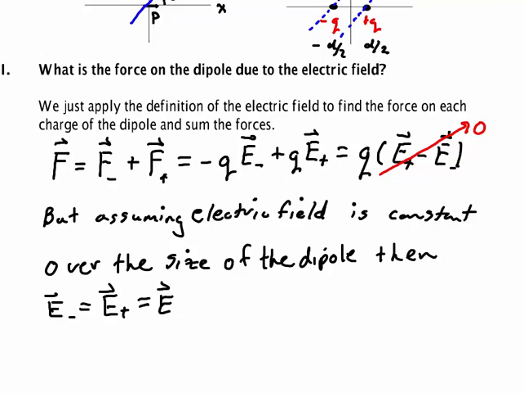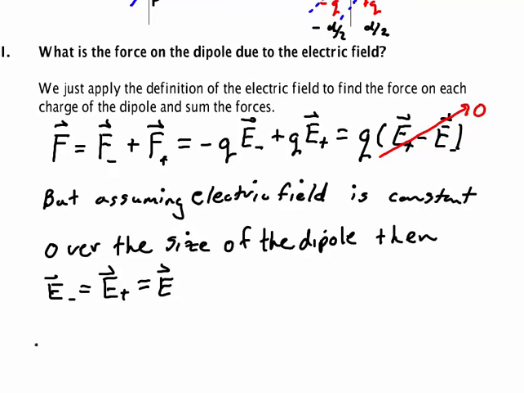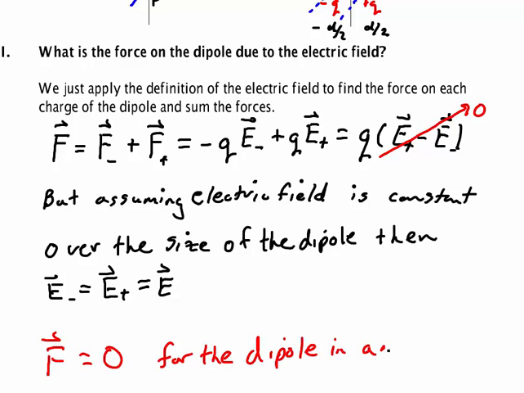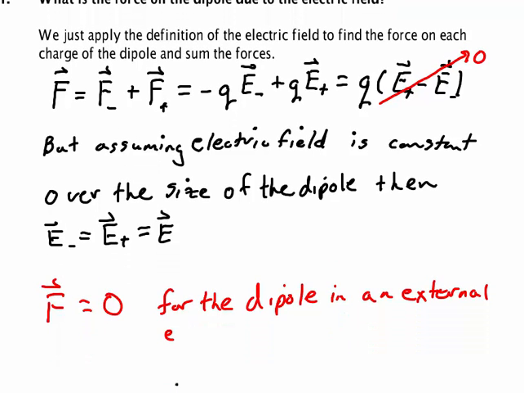And so F equals 0 for the dipole in an external electric field.